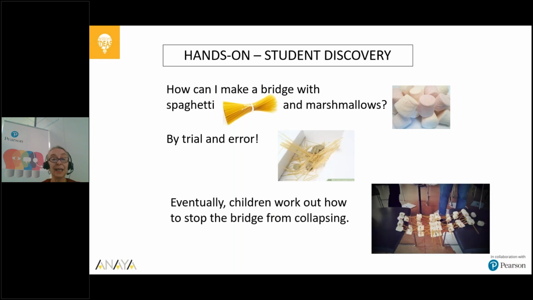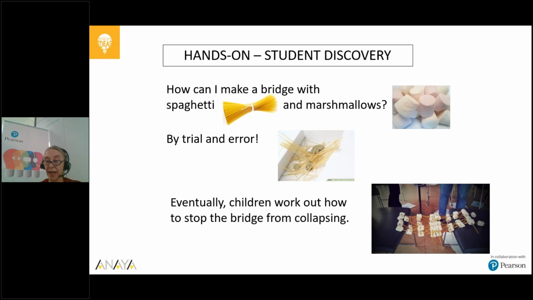But finally, they will work out a structure that is solid enough so that they can make a bridge. They'll work out that if they make a shape with triangles, it will support much better than a rectangle. And on their own, they will find out how to build a bridge. It's a very exciting thing to watch as a teacher, the trial and error as students work out how they can do something on their own.